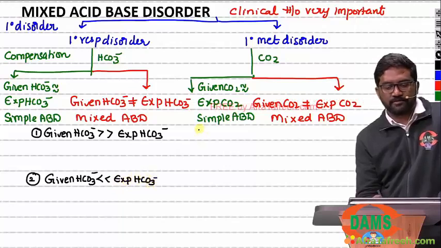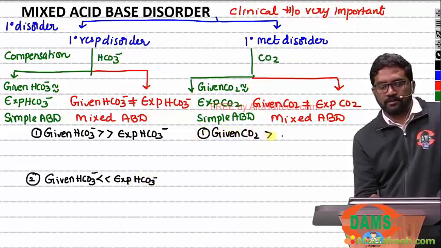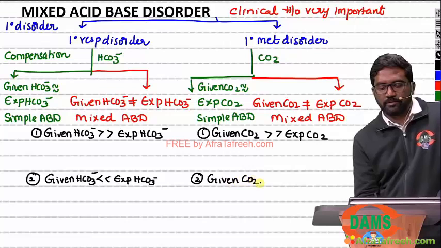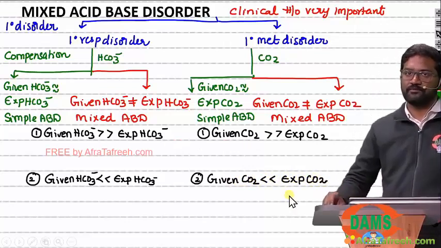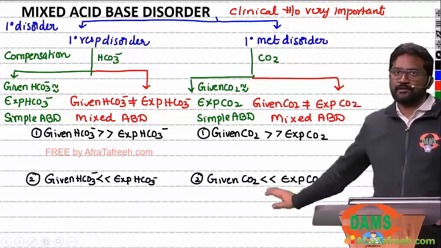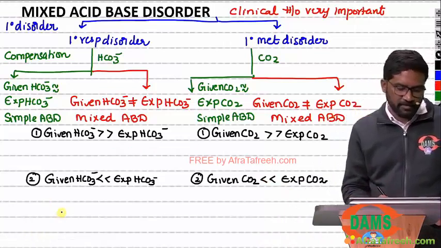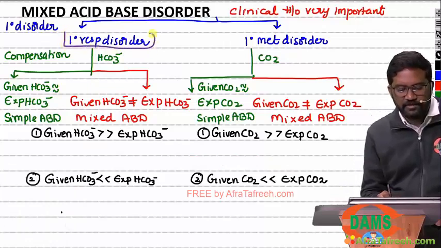On this side also, given CO2 is very much higher than expected CO2, or given CO2 is very much less than expected CO2. So when there is a mixed acid base disorder, given and expected are not correlating, these can be the mathematical possibilities. First, let us see a mixed acid base disorder with respect to primary respiratory disorder.